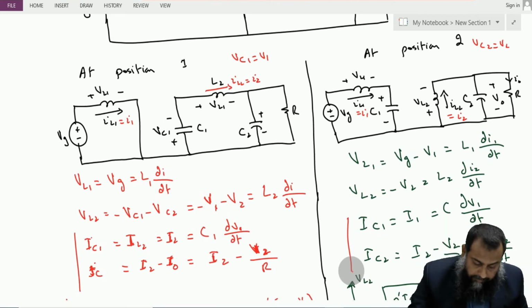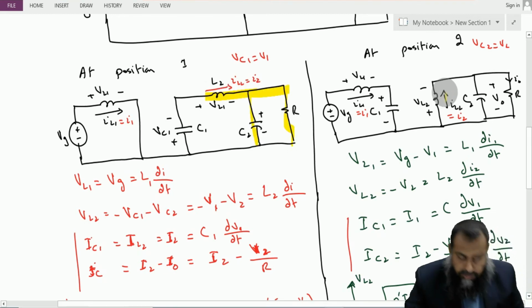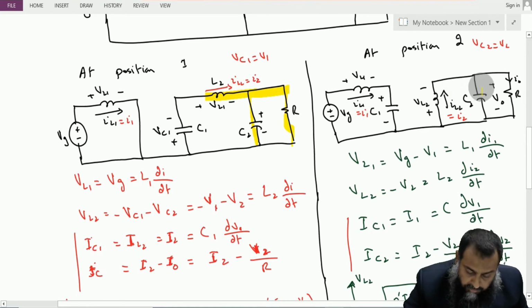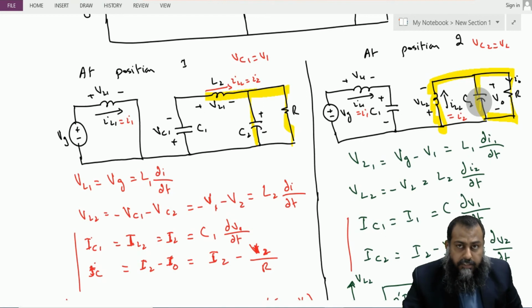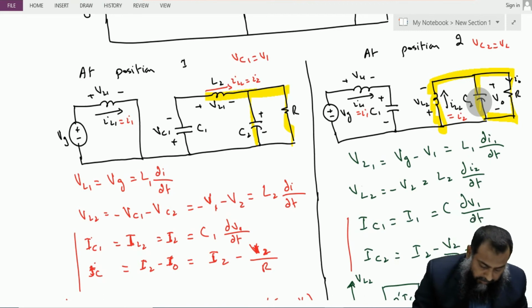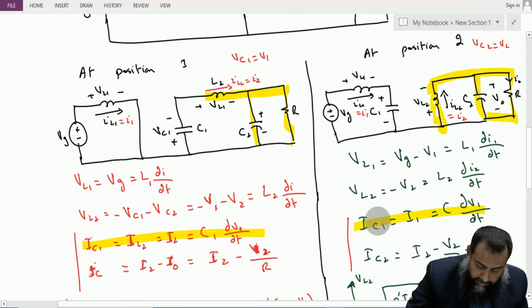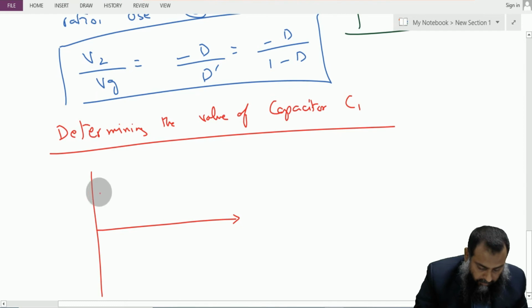Now notice one thing: the output stage of this converter, during the time when the switch is connected to position number 1 and when it is connected to position number 2, is exactly the same as that of a buck converter. Therefore, whatever expression we have derived for a buck converter is equally applicable for finding the value of the output capacitor for this converter. So what we are left with is only the input capacitor, C1, and for that we will use these two equations. We draw the waveform for the capacitor voltage.